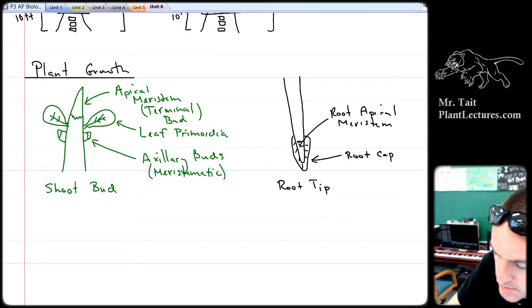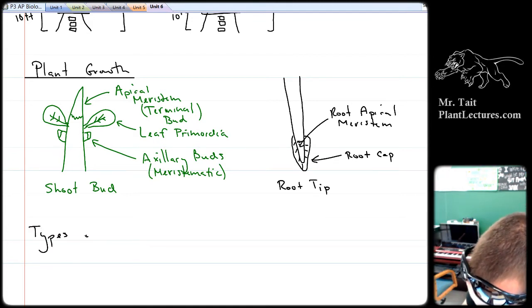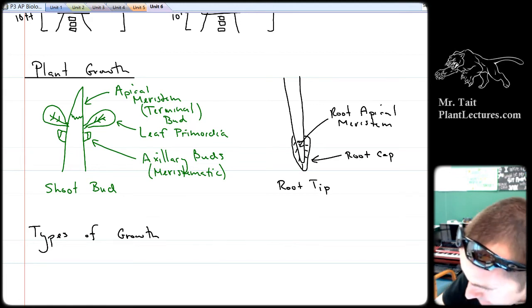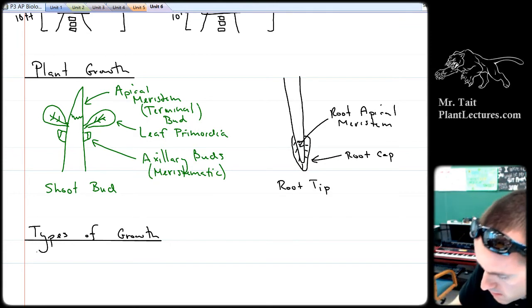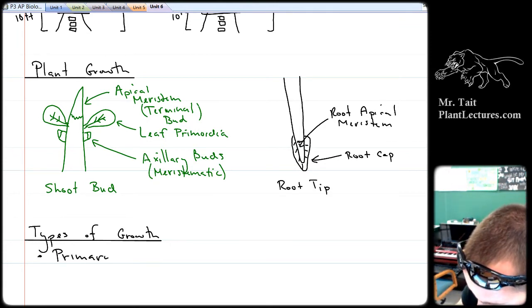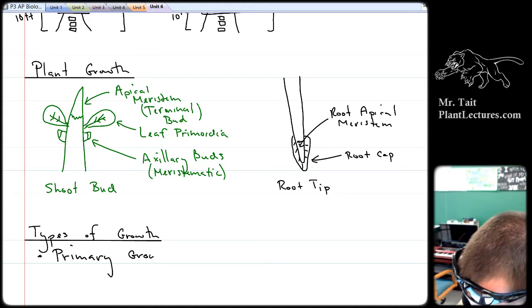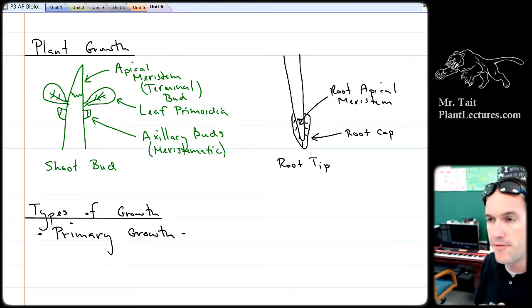So there's two types of growth. First type is called primary growth. Okay, and primary growth is a type of growth that all plants have.